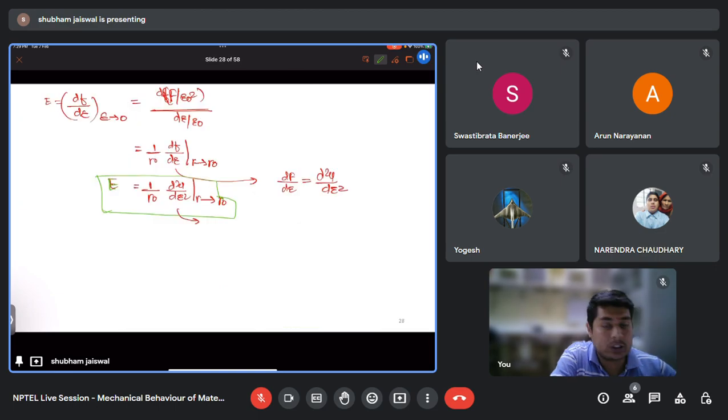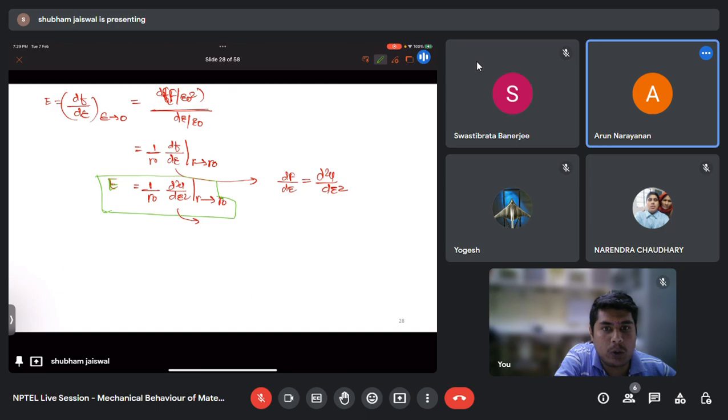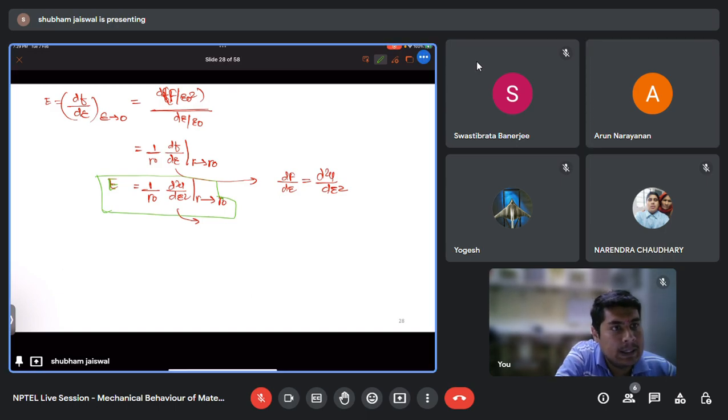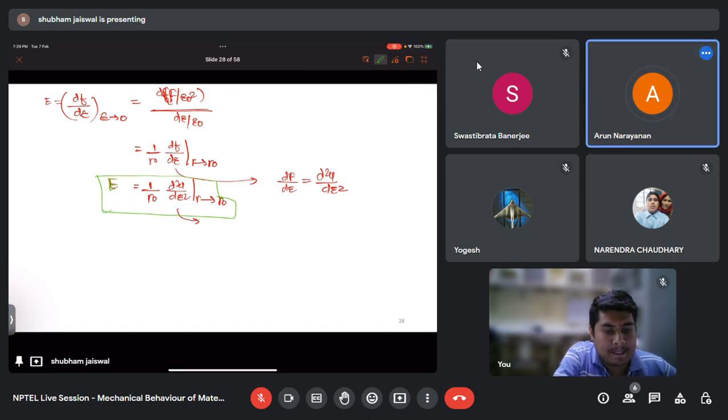So you were asking how we have derived this equation. Am I right, Mr. Arun? Yes, sir. So now you got it, how we have derived? Yes, sir, I got it.